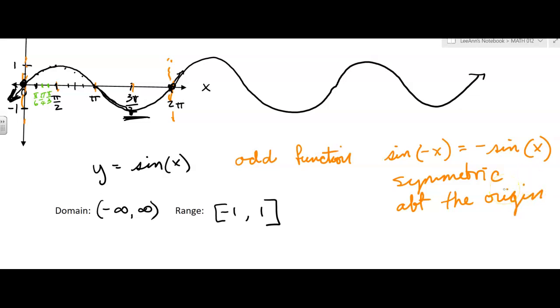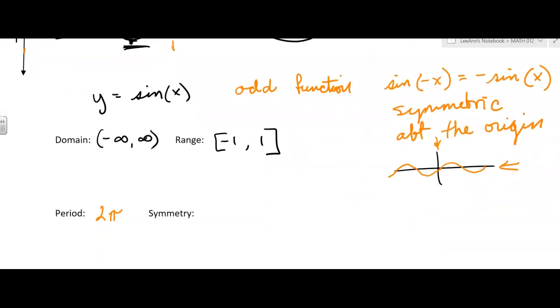Okay? So what does that look like? You kind of can't see it because of the way I have it drawn. But you have the sine curve going this way, and then it's going this way. Okay, so if you flipped about the x-axis and then flipped about the y-axis, the points should line up. Okay? So for symmetry, it's symmetric about the origin.